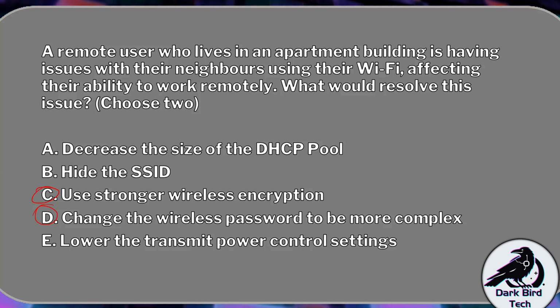But hang on, you said all 5 options are pretty good. So how would decreasing the size of the DHCP pool work? Well, if we decrease the size of the DHCP pool down to the exact number of devices that user at home has, and the pool has exactly that many IP addresses, when one of the neighbors connect, an IP address won't be available for them.